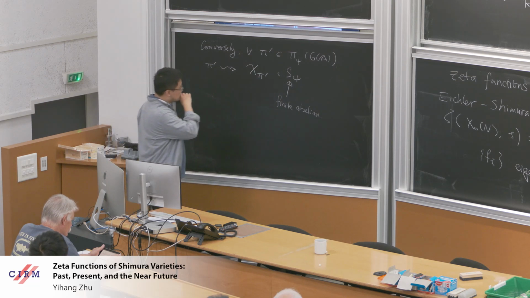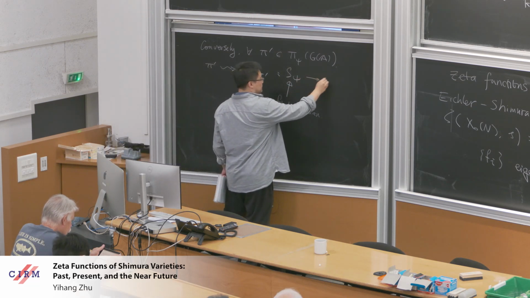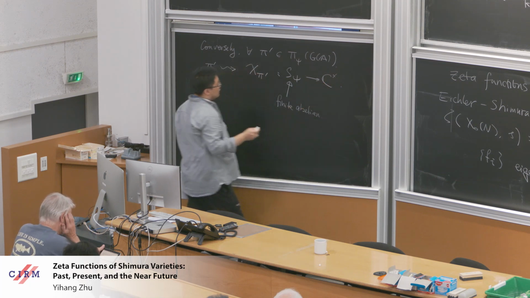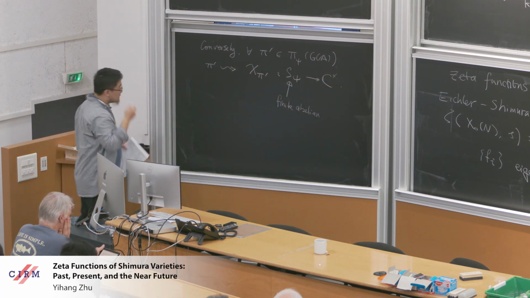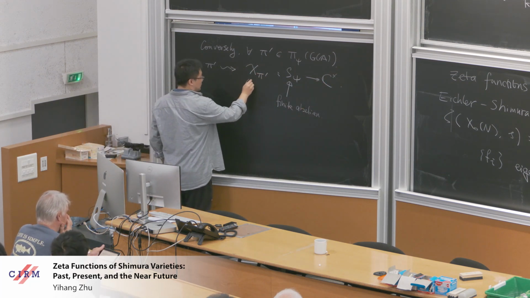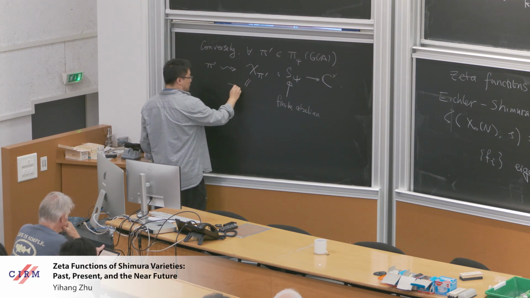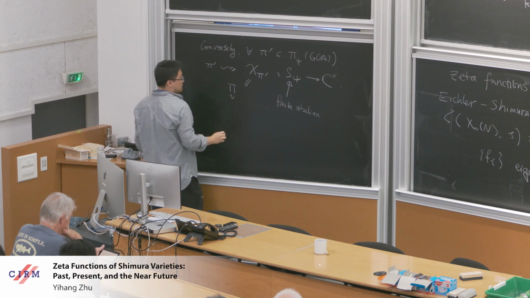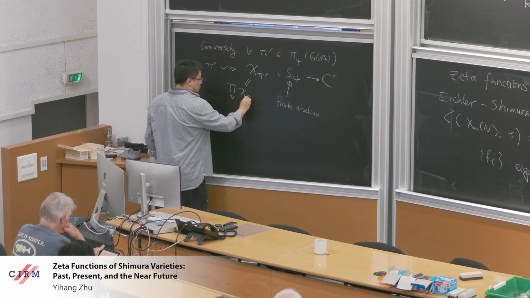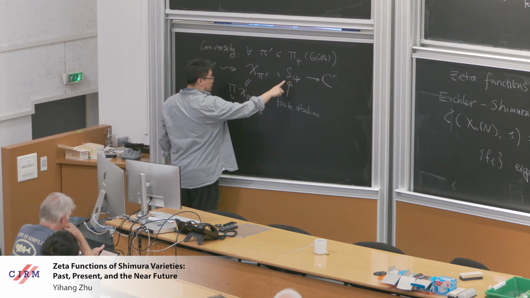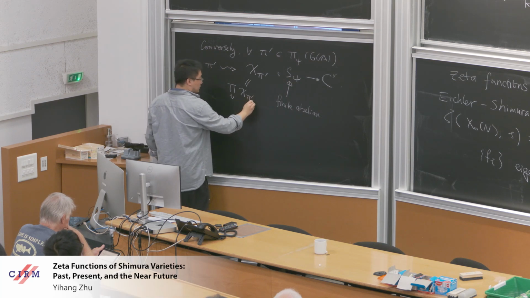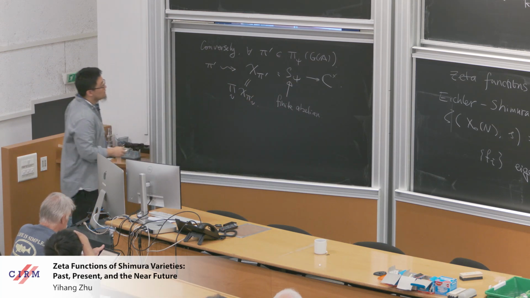So you get a representation of this centralizer group, and this is actually built from a product over all the local places of representations of the same group, but only determined by the component of pi prime at v.